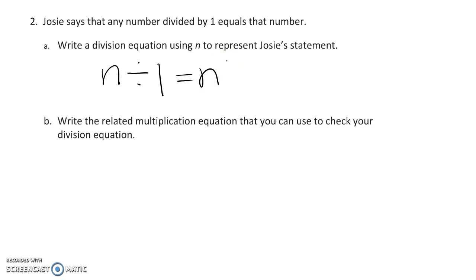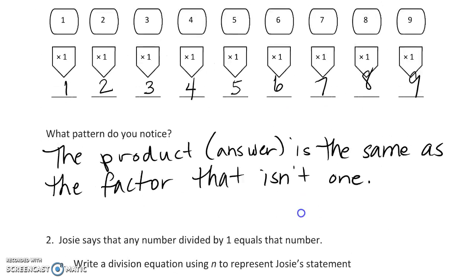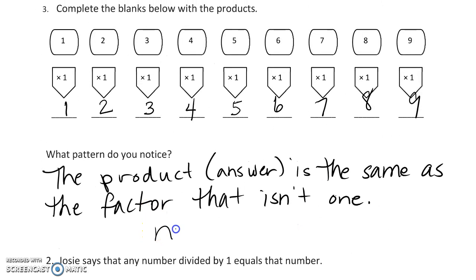Now we need to write the related multiplication equation that you can use to check your division equation. Okay, well, we know multiplication is the reverse of division, right? So we could say n times 1 equals n. Actually, that's what we just found out here. This is n times 1 equals n, where this is any number times 1 equals the same number we started with, right?